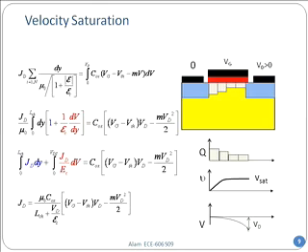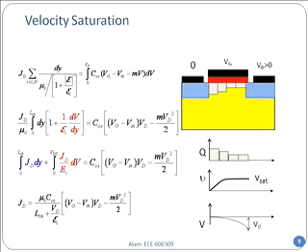Once you divide out throughout, you will see that you have exactly the same expression as before, except for that little term VD over E sub C sitting there. Apart from that, this is exactly what we had in the square law. So we shouldn't have to worry about anything else.